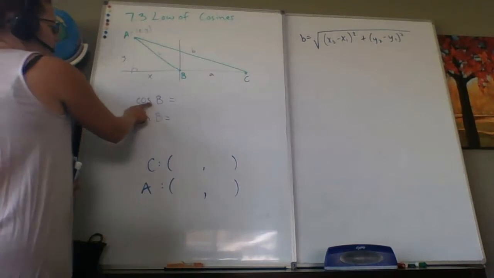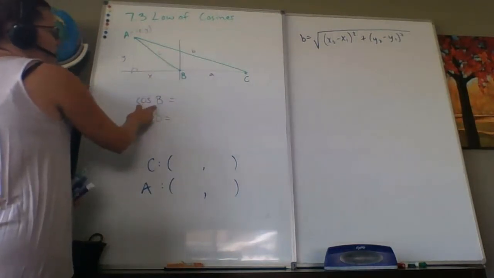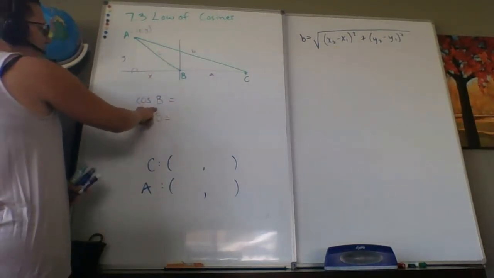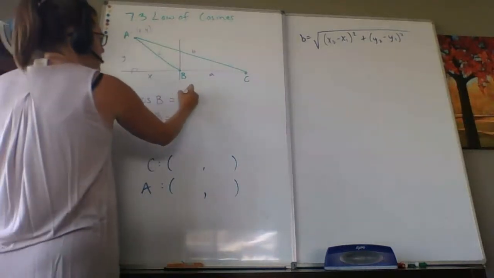Since B is in standard position, we could calculate the cosine of B, and that's just going to be x over r.